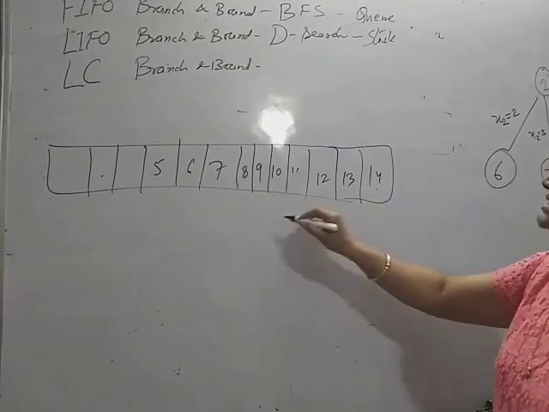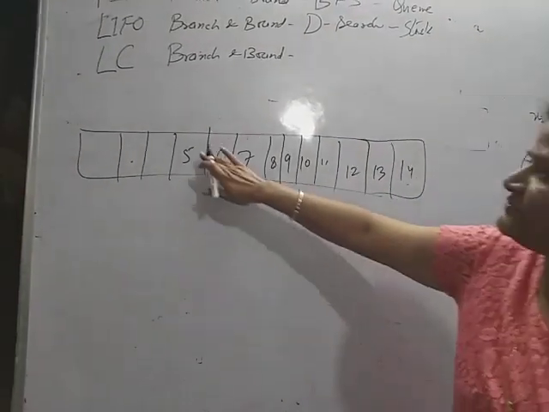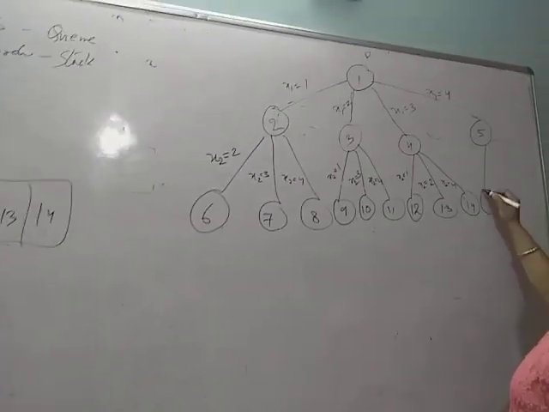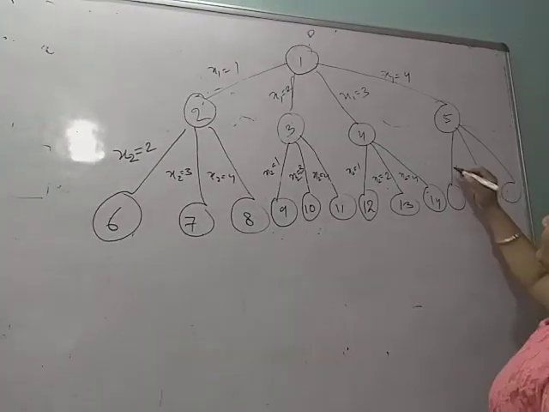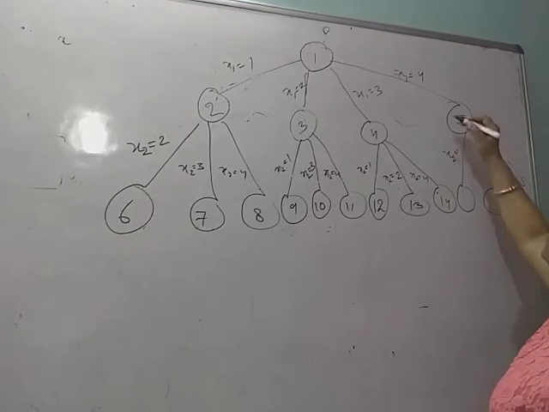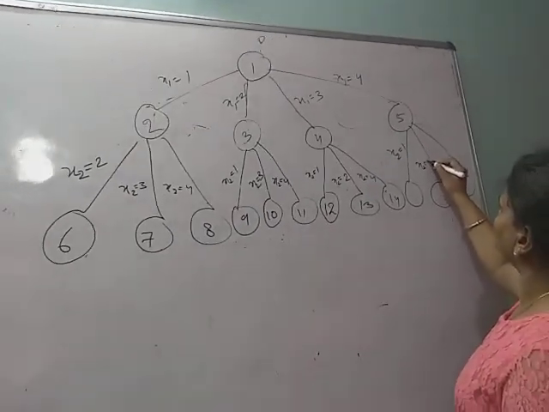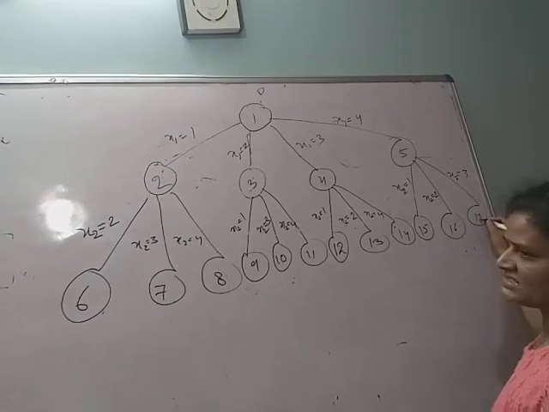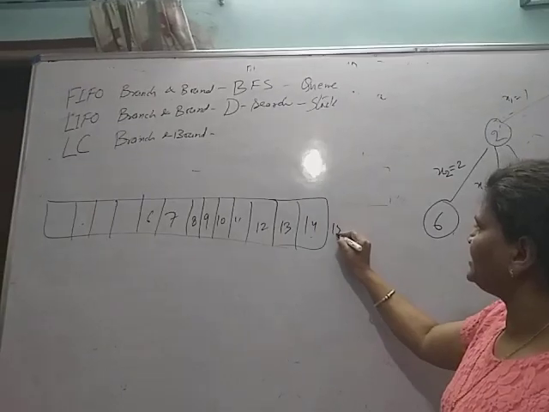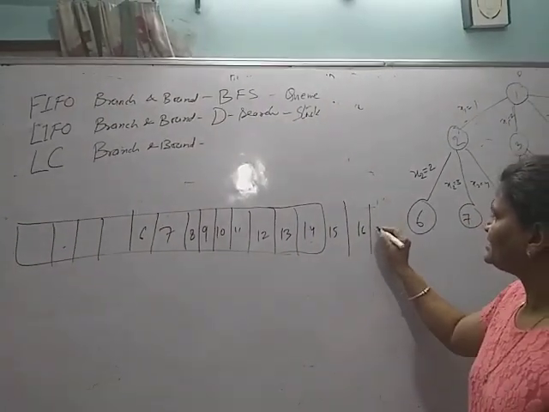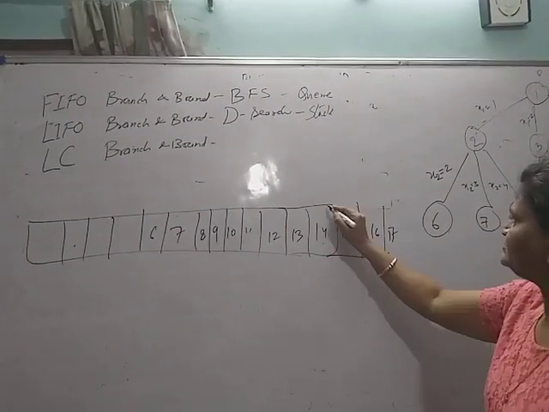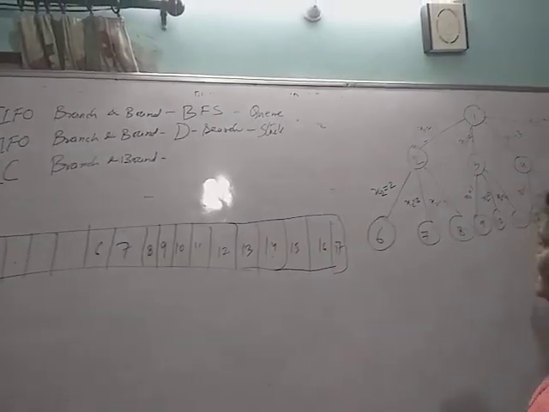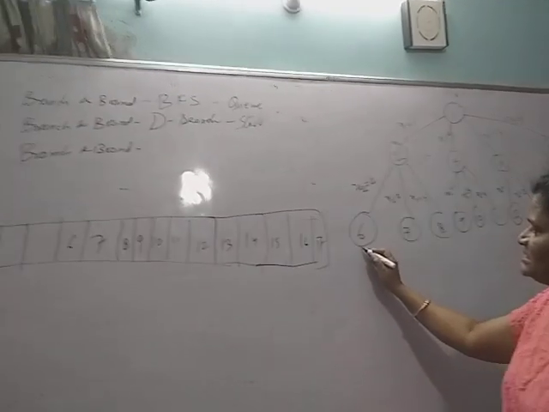Now at this time this is the list of live nodes. Now the next front element of the queue will become the next E node. Okay. So here x2 equal to 1, x2 equal to 2, x2 equal to 3, giving 14, 15, 16, 17. So now 15, 16, 17, and then next is 6.